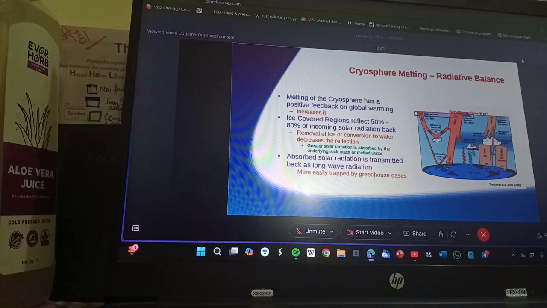And when we start melting glaciers, we are exposing the earth underneath, which tends to be darker, or they are melting into water, which also tends to be darker. So there is quite a bit of absorption of heat, and then that heat that's absorbed in the shortwave radiation of the solar radiation is reflected back as long wave radiation, which gets trapped by the presence of greenhouse gases in the atmosphere.